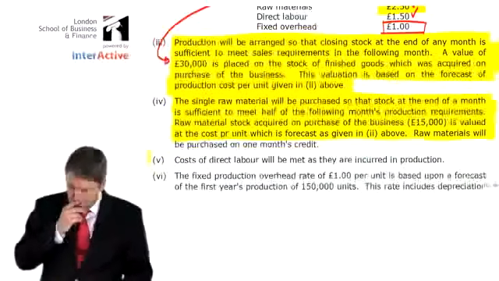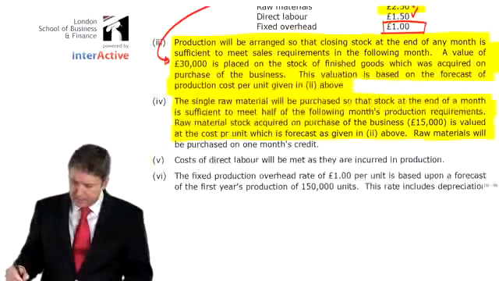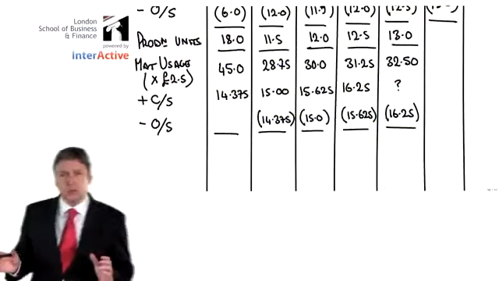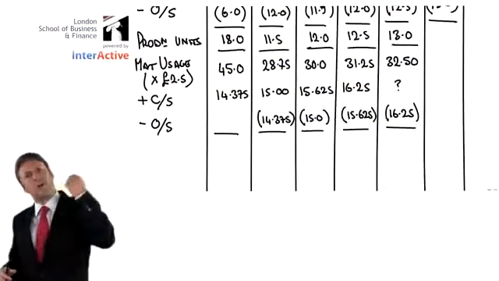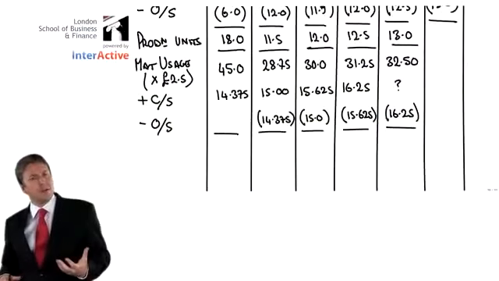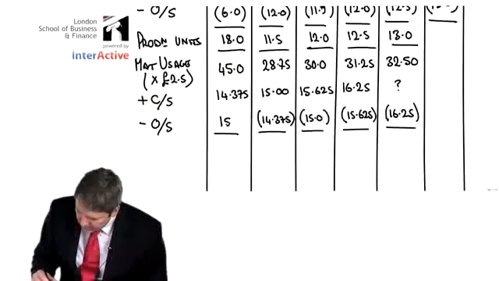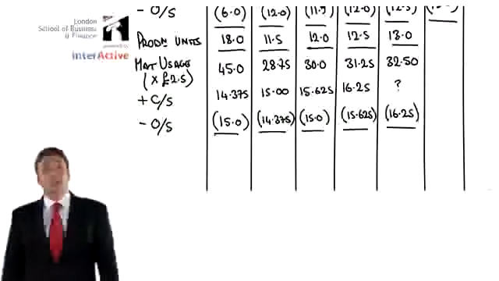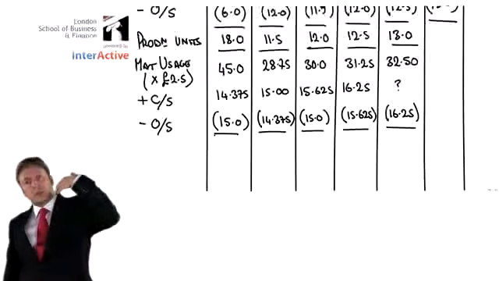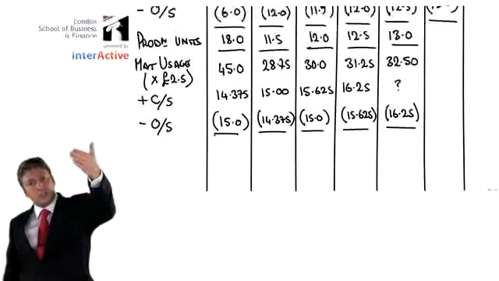Okay. The only thing we have to be slightly careful of, it's not difficult, is please note that I've got everything here already in financial terms. So I want to take that 15,000 and slap it straight in. I don't want to do anything clever with it. So we've got our material usage.